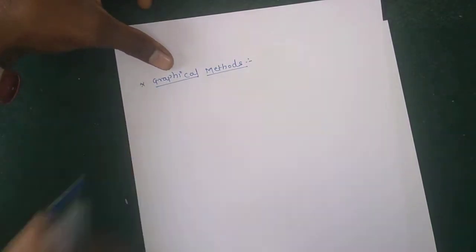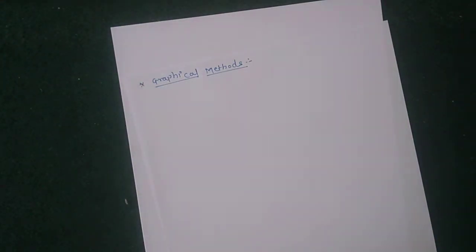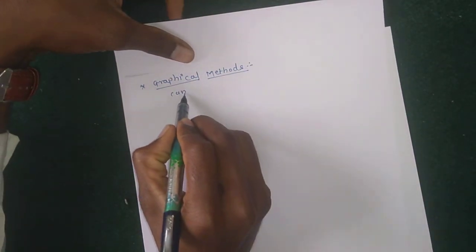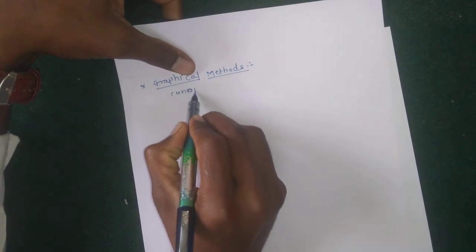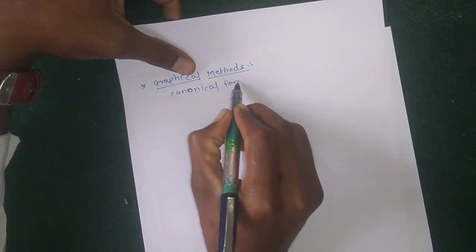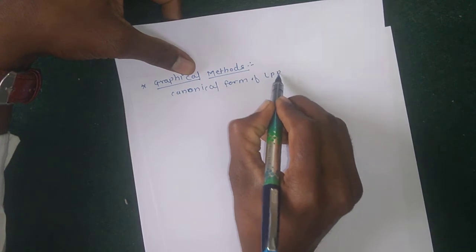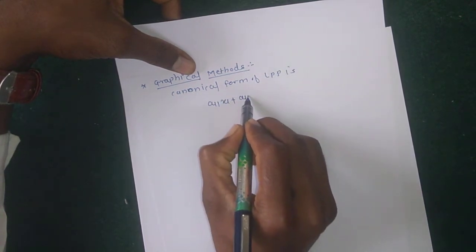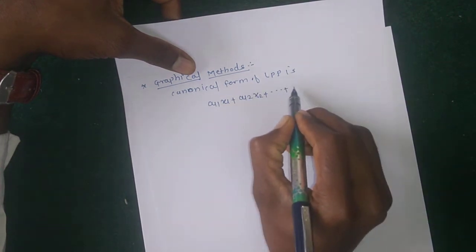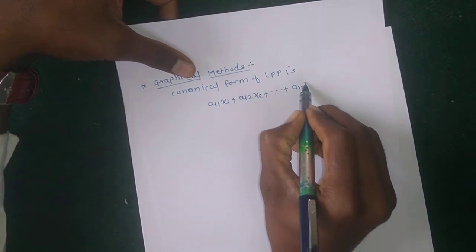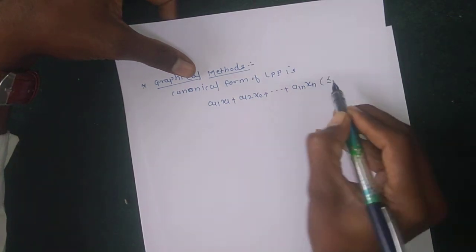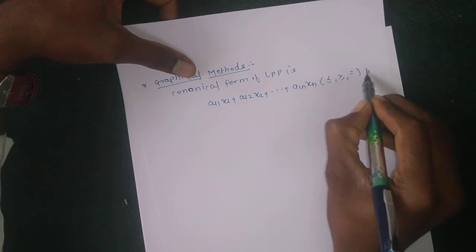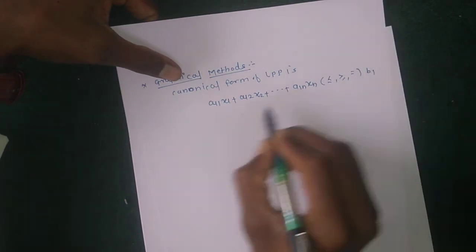In the previous lecture we saw the standard canonical form of LPP. a11x1 plus a12x2 plus so on up to a1n xn, which is less equal, greater equal or equal to type, b1.